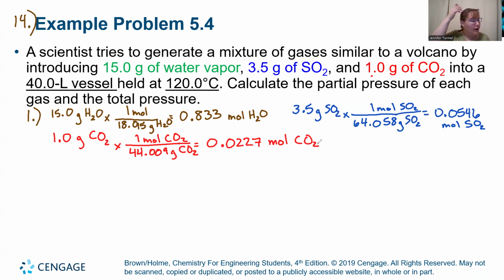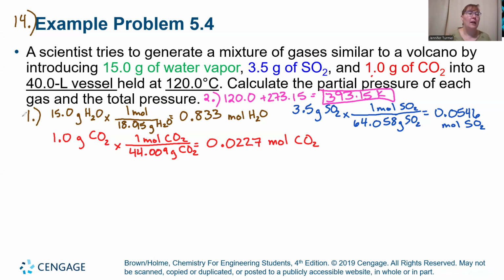Now step 2 on your sheet is to convert our temperature. We take 120.0 plus 273.15, which gives us 393.15 kelvins for our temperature conversion.